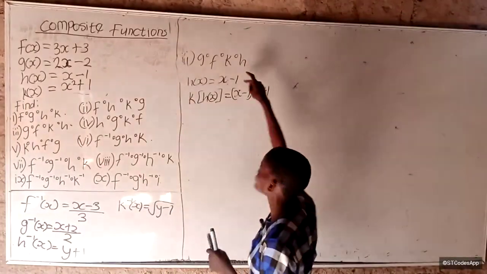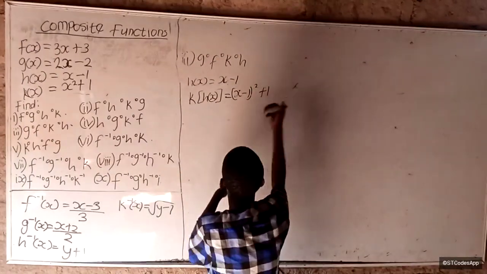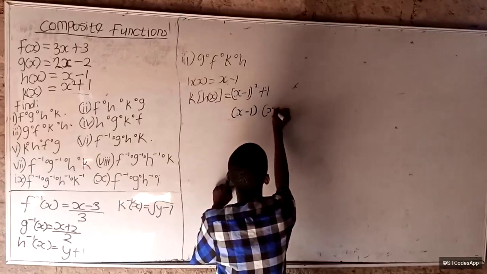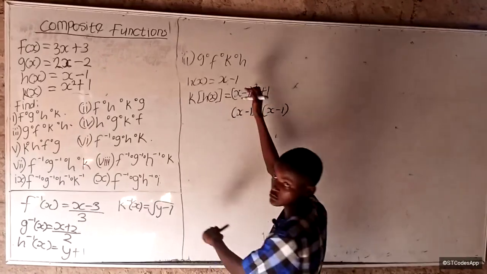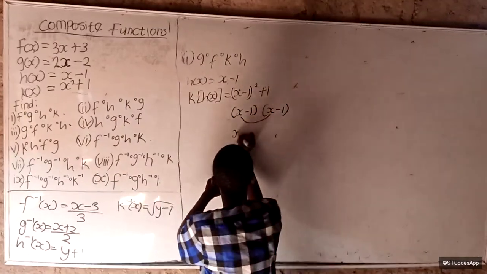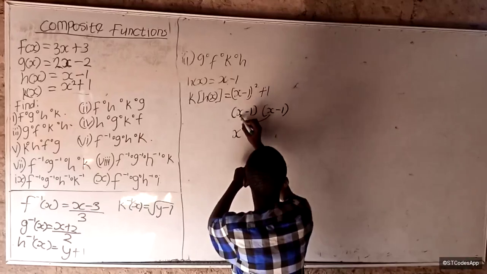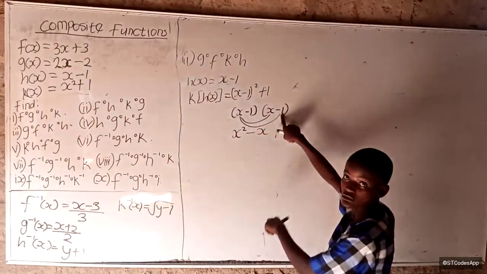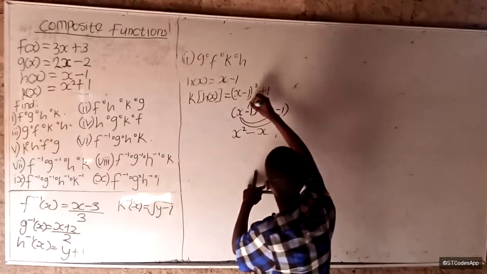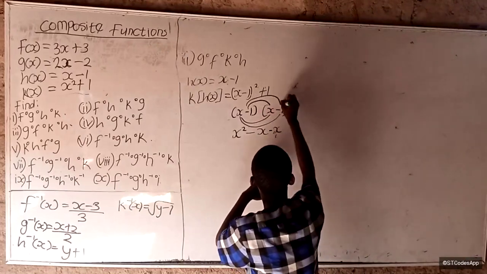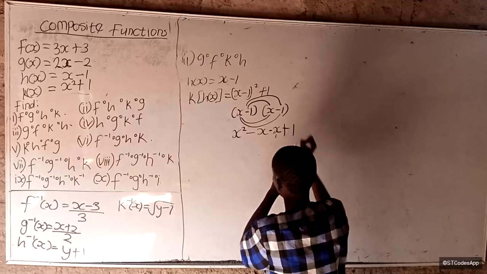So we'll be squaring this to give us x minus 1 into bracket x minus 1. So x multiply this to give us x squared, and x times minus 1 gives us minus x, and minus 1 times x gives us x, minus 1 times minus 1 gives us plus 1.